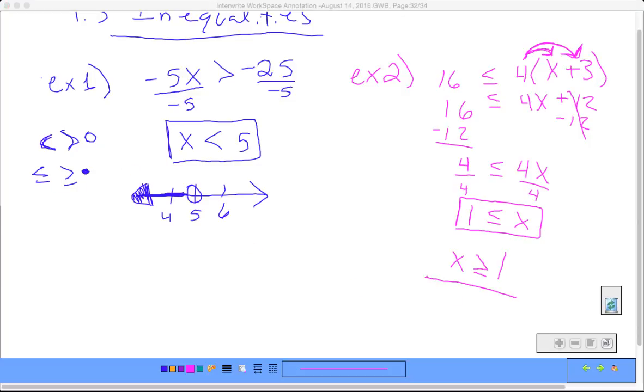Hopefully you can draw a straight number line. Here's 1. So 0's over here, 2's over here. It's a closed dot because I have the or equal to part. It could actually be 1 itself, or it can be larger than that. So it can go this direction, and that's it. All right, pause that if you need more time to write this down. Otherwise, we're going to do one more example.